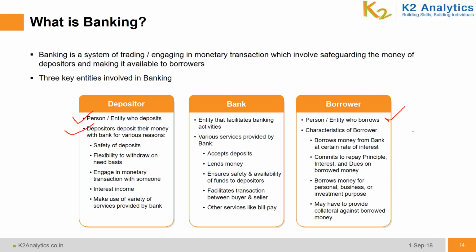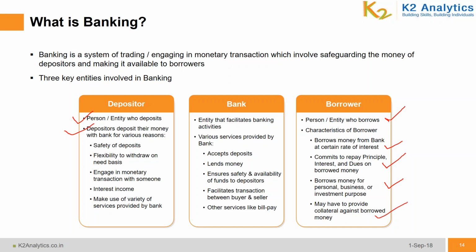So when a borrower borrows money, there is a certain rate of interest which a bank charges. And the borrower promises to repay the principal amount along with the interest component and any other dues, any other charges. The various reasons I already mentioned.